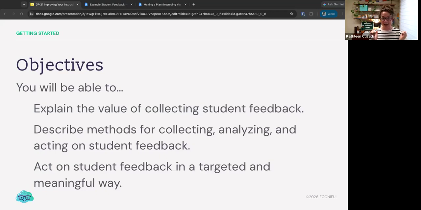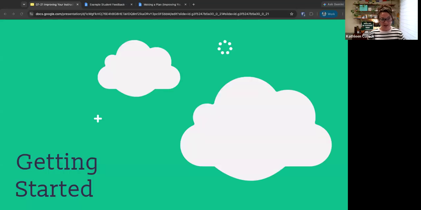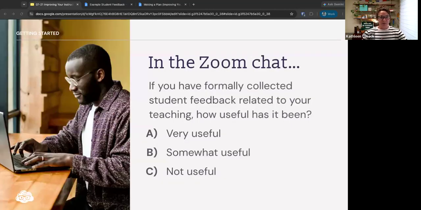These are our learning objectives, and we are going to jump into things. So, first and foremost, I would love to hear in the Zoom chat. I know you all collect feedback informally, and you act on it throughout the day, right? You're noticing when students are engaged, you're checking on their understanding of content, but take a moment and consider your experience with formally collecting student feedback.